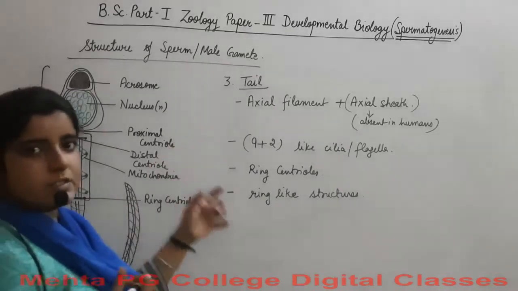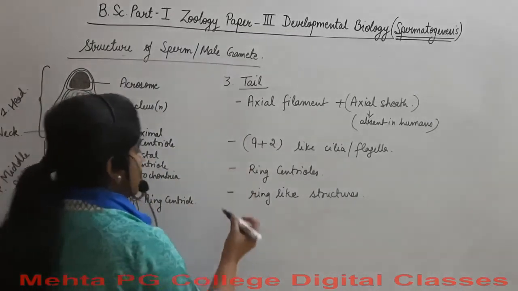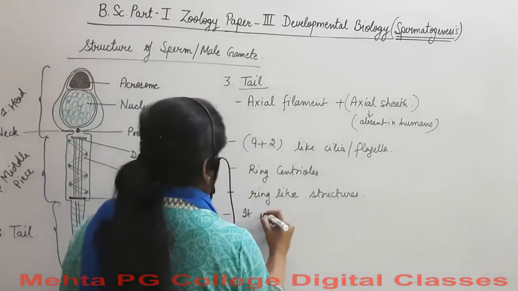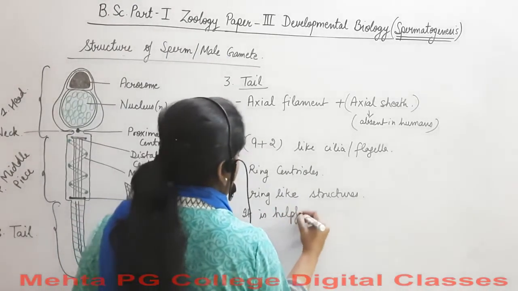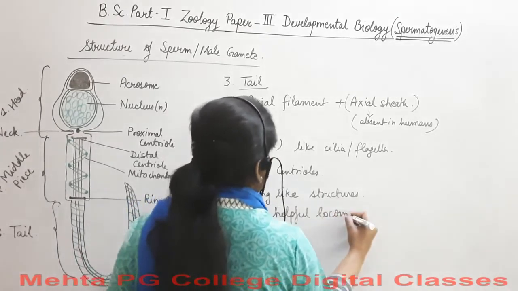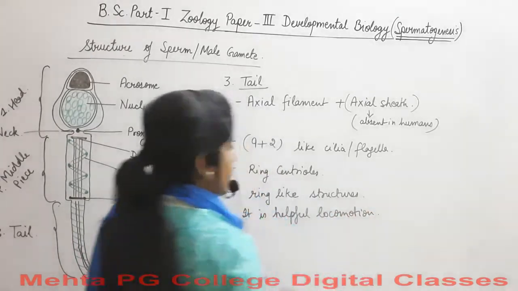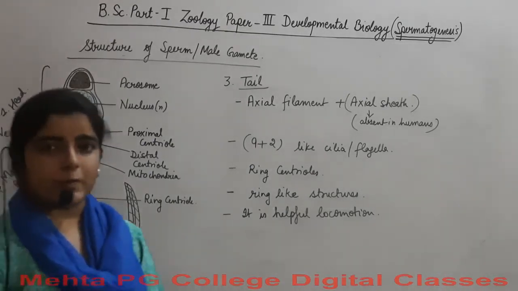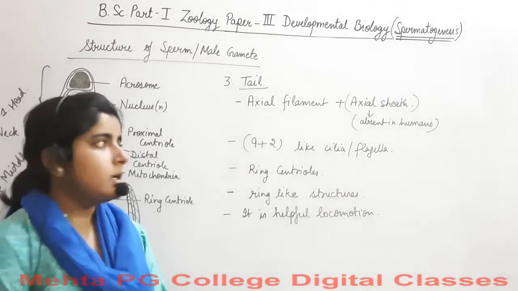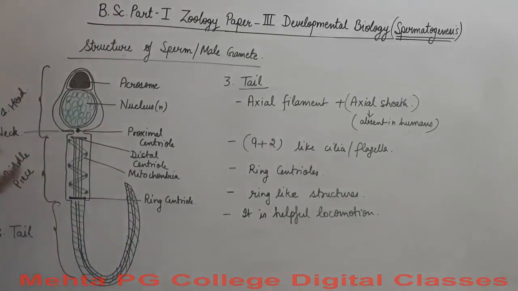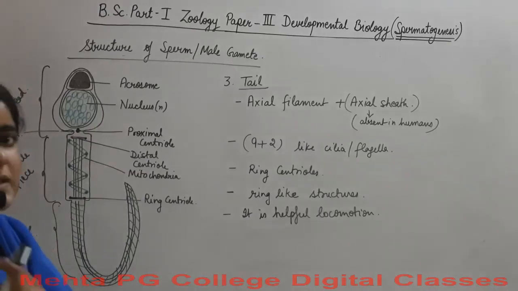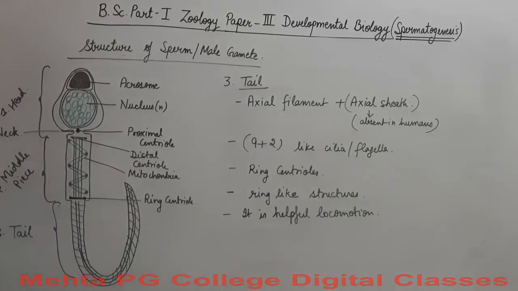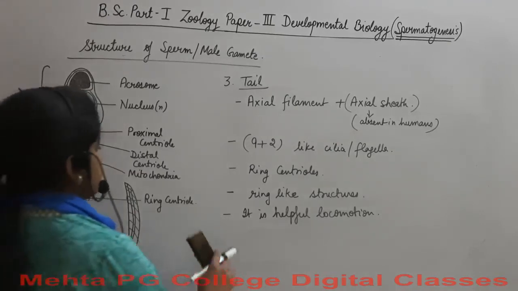So the tail region is like this. It is helpful for locomotion, or movement. This tail region helps in active swimming or active movement of the male gamete. So in this way, the sperm is divided into three parts and they have their specific structures present there.